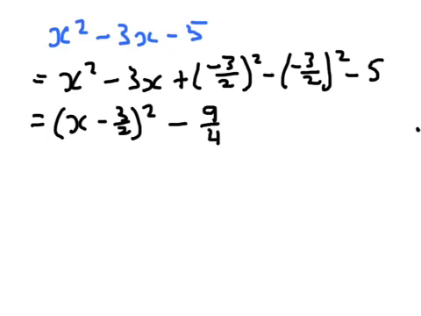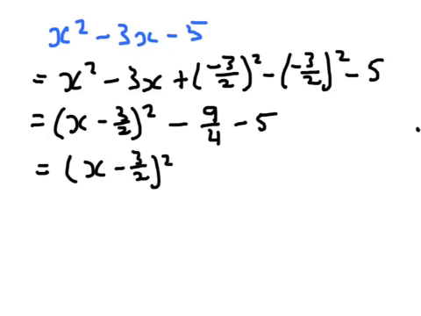To square a fraction, you simply square the top and square the bottom, square the numerator, square the denominator, and any number squared is positive there. Okay, and then we subtract 5. Alright, now I'm just going to rewrite the right hand side of our expression because it's a bit cumbersome at the moment.